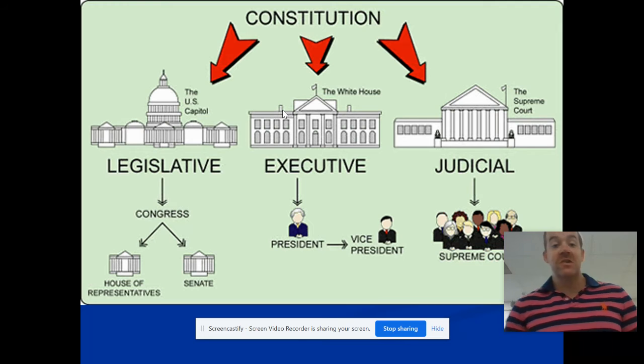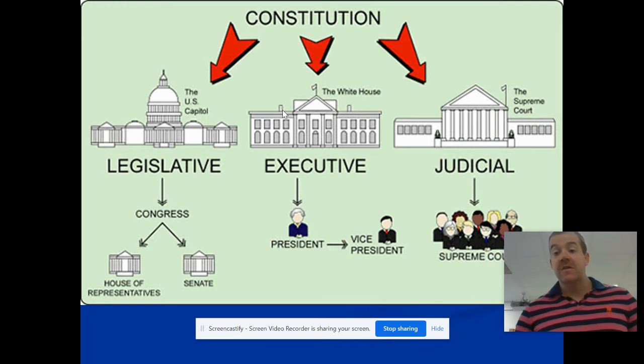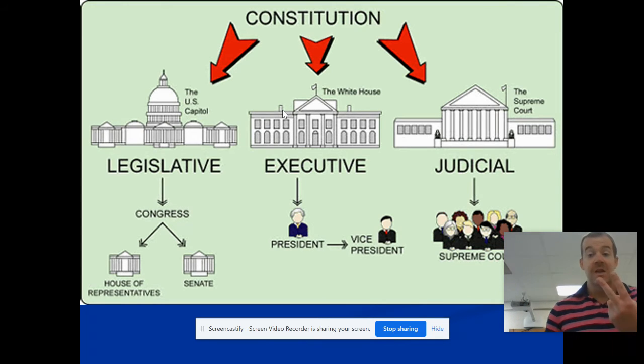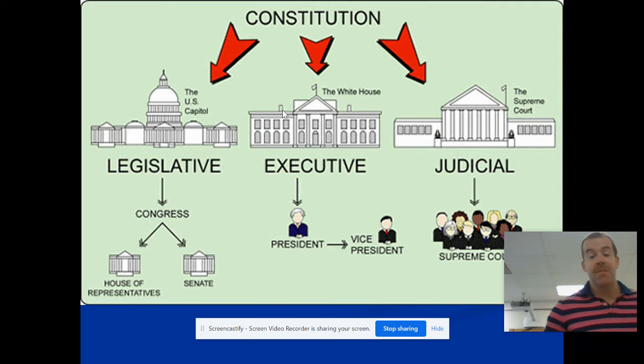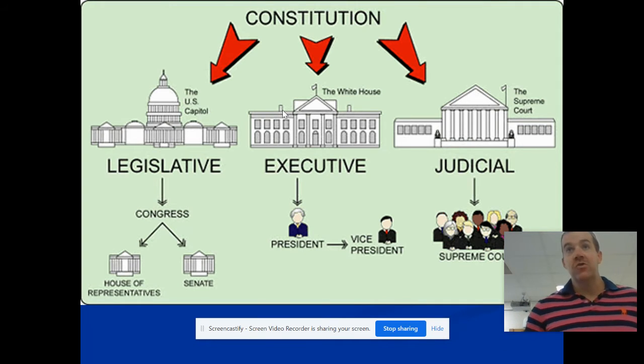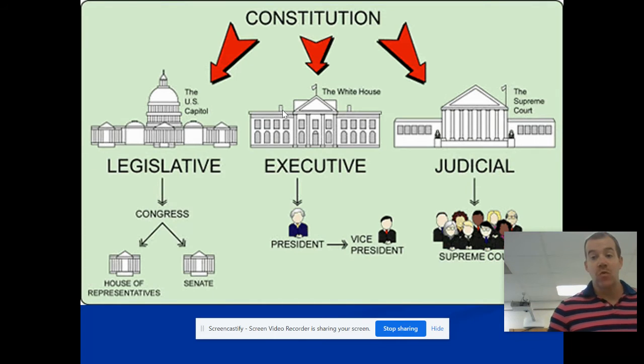So you have the legislative branch, meaning Congress, composed of two houses, a bicameral legislature, meaning the House of Representatives and the Senate. The Senate being based off the New Jersey plan, where each state has equal representation of two senators.